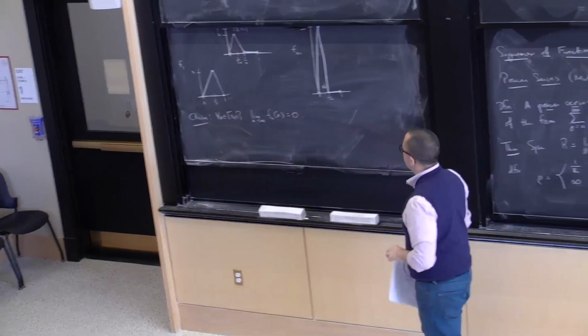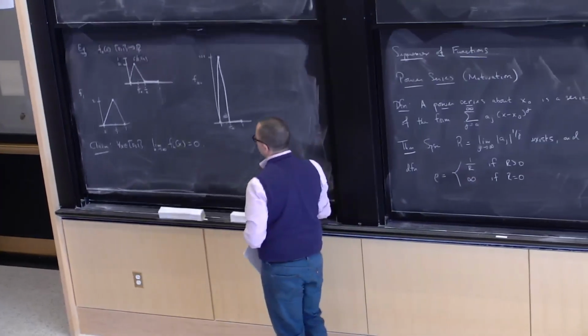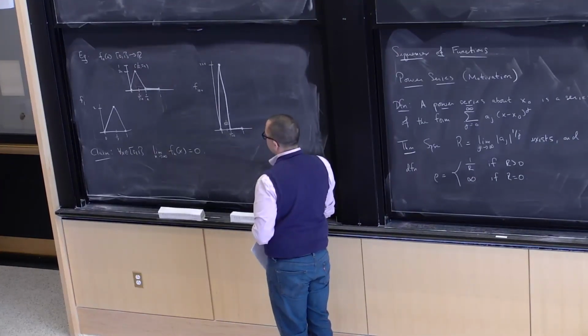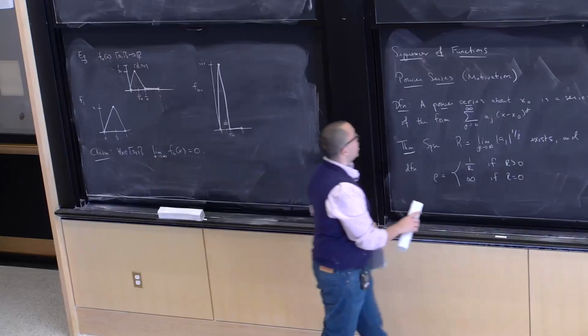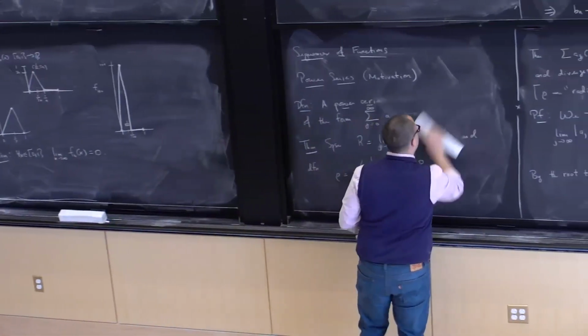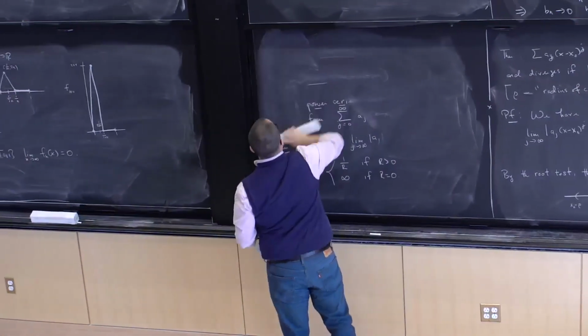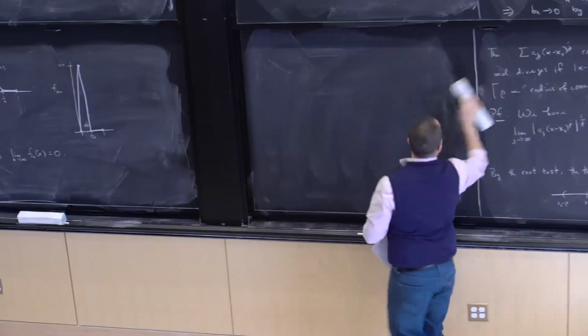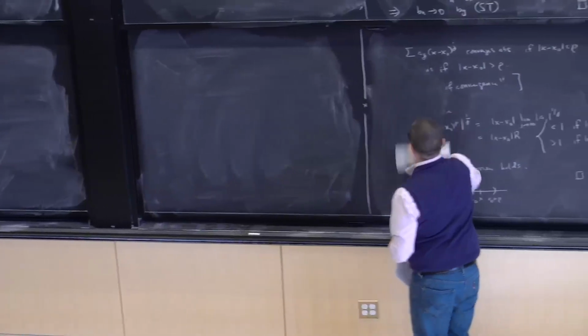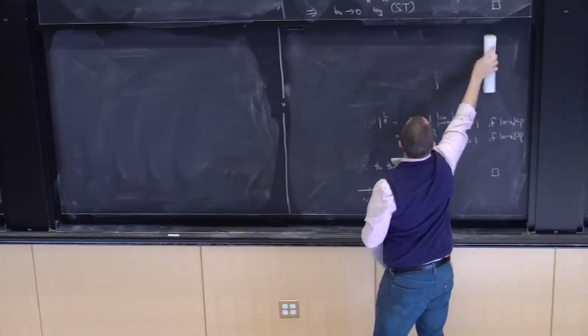Okay, so this sequence of functions converges pointwise to 0. Okay? All right, so why is this? Well, let's just give a full proof of this rather than me talking it out. I mean, I'll talk it out and give a full proof.